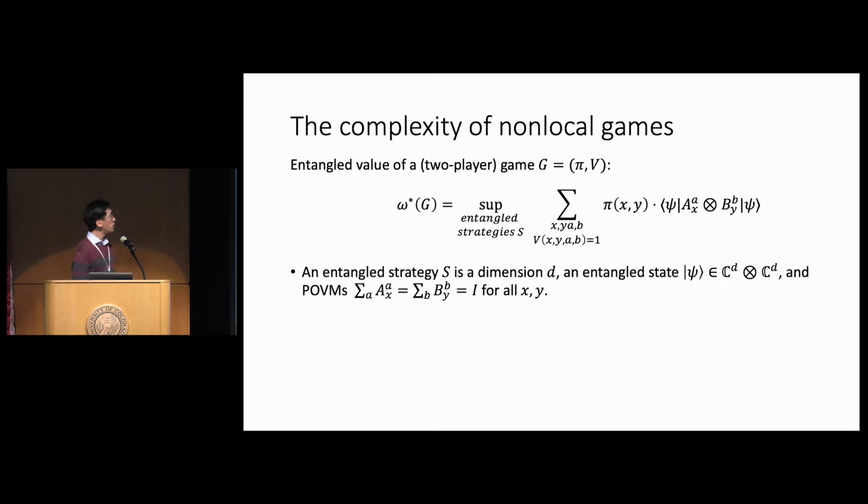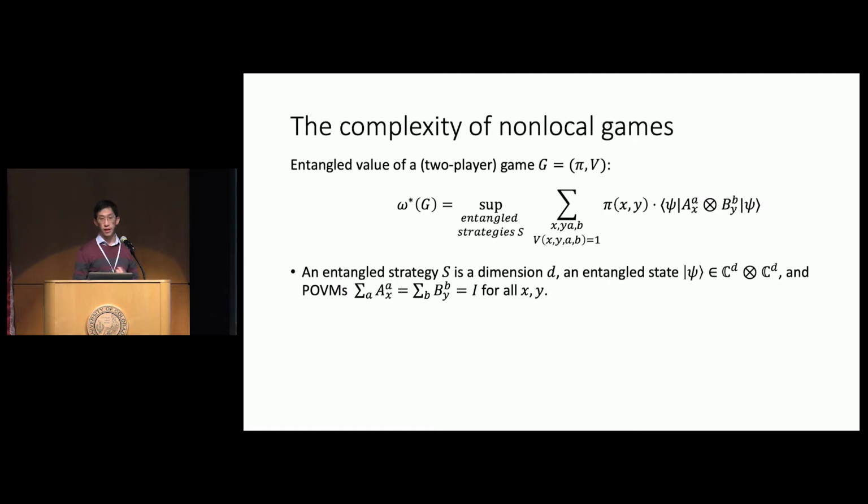Here I'm going to formally define what the entangled value is. For a game G, omega star of G is an optimization problem. You take the supremum over all possible entangled strategies, let's say we're talking about two-player games, for Alice and Bob. What does an entangled strategy consist of? First, you have to pick a dimension d, an integer.